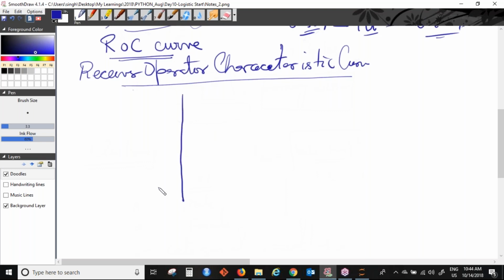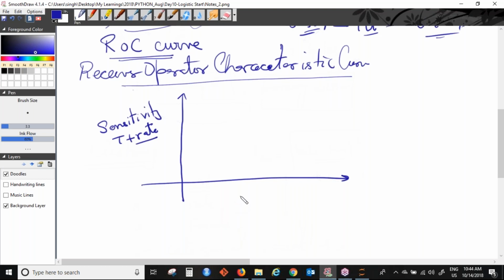It is a plot between sensitivity. So you have sensitivity on the y-axis, which is the true positive rate. And you have the false positive rate, or 1 minus specificity, on the x-axis.